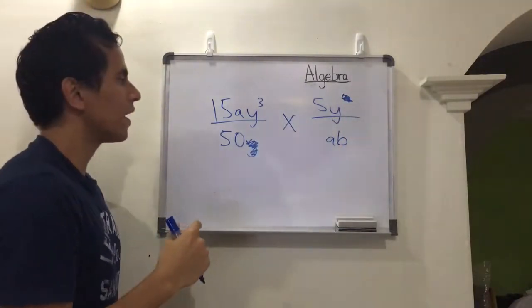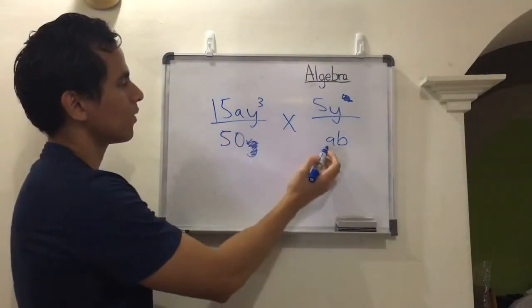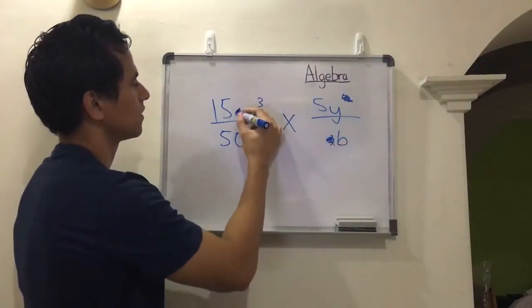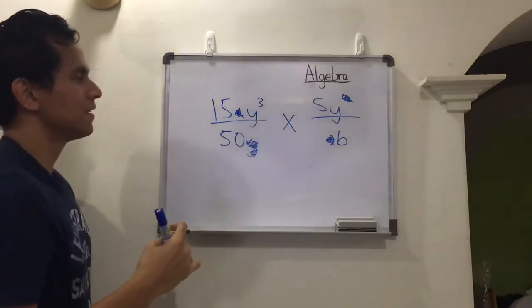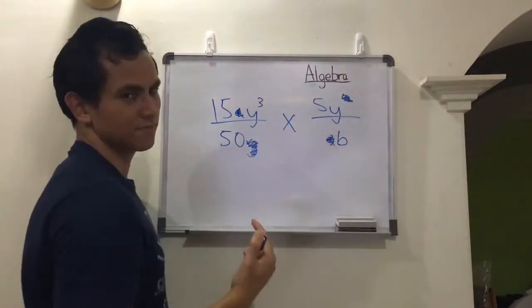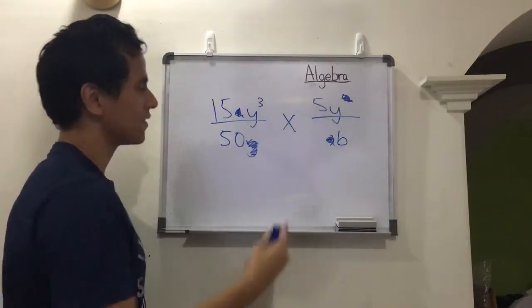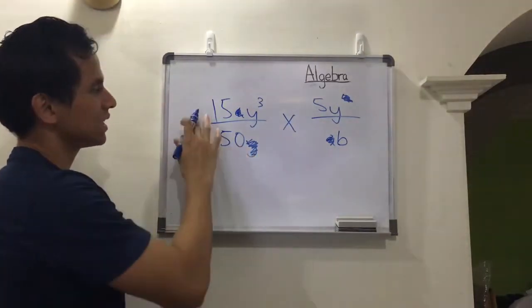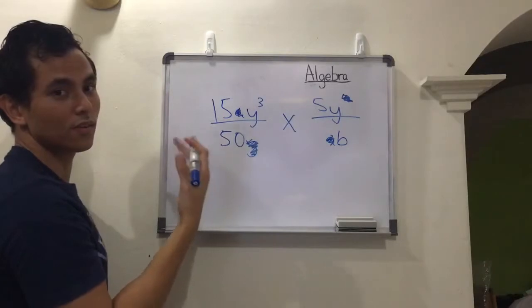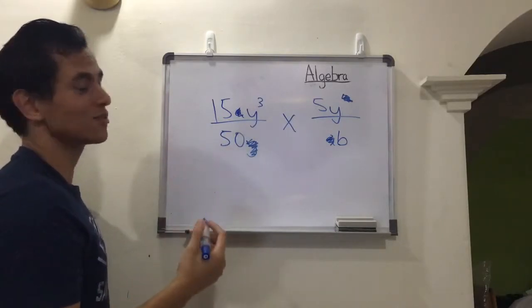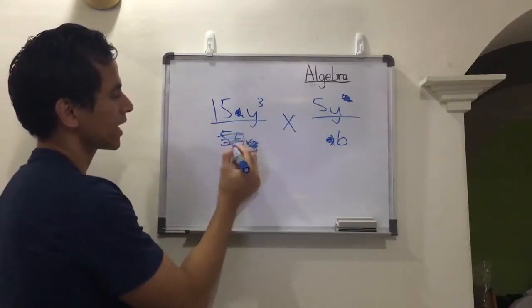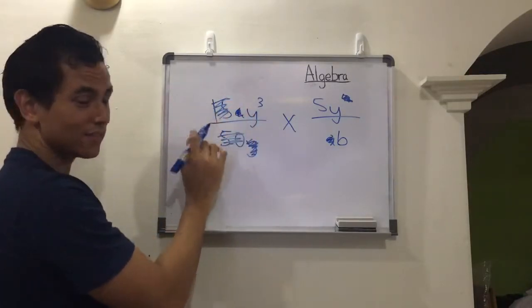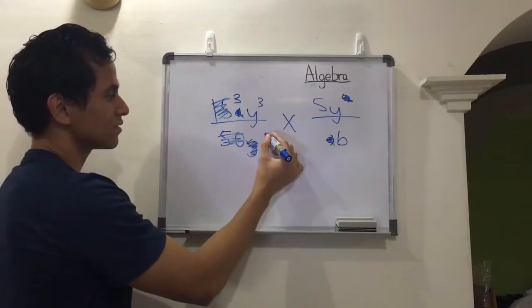Now a here and here we can also cancel out, and then this b here, there's no b on top, so we just have to leave it. Now we look at this 50 and 15, aren't they all just multiples of 5? So I can again cancel them out, dividing both sides by 5. This gives me 3, and this gives me 10.